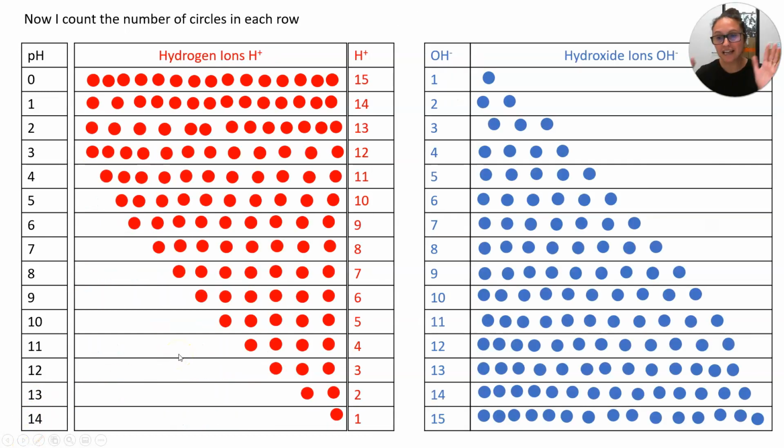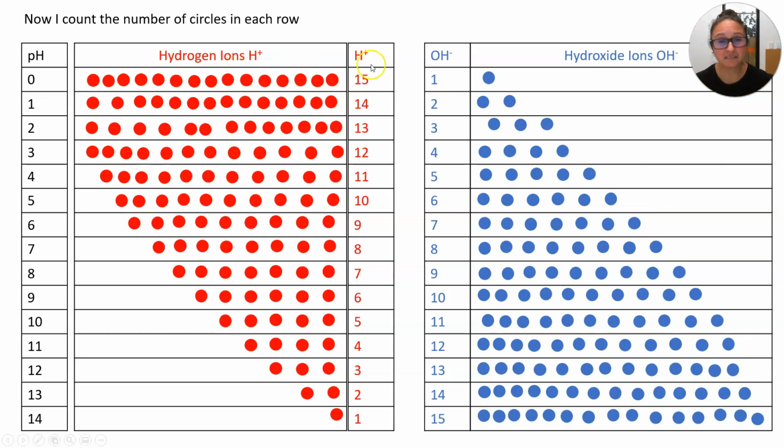All right. So now what I want you to think about, all I've done here is counted the circles in each row, and I've got both hydrogen ions and hydroxide ions side by side. Okay? What can you see here? What's the pattern? What can you tell me about this picture? Well, we can see that hydrogen ions and hydroxide ions, the concentration runs in reverse, right?